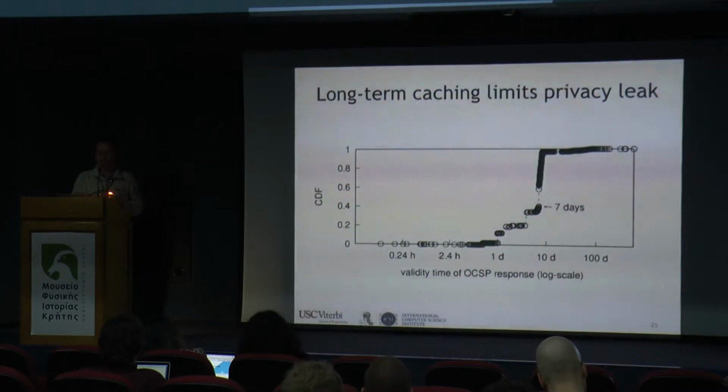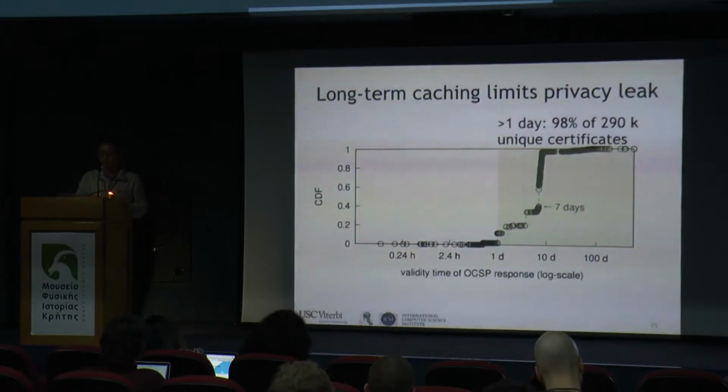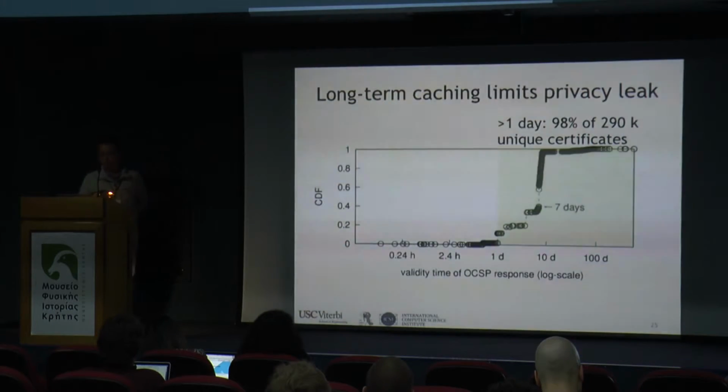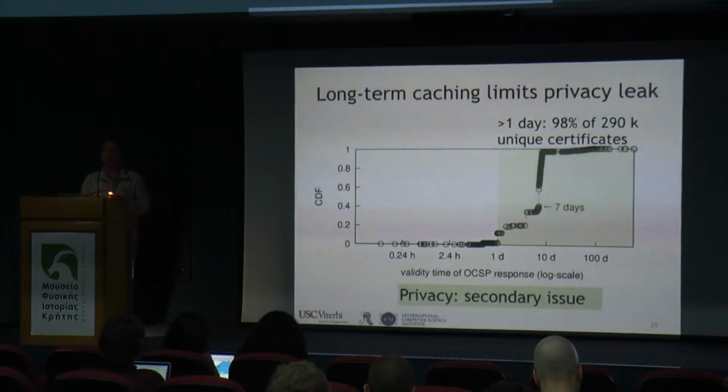Here we study the cache time for the OCSP responses, and we see about 80% of all the OCSP responses can be cached for more than one day, and we think this long-term caching can limit the privacy leak. So we think privacy is actually a secondary issue.